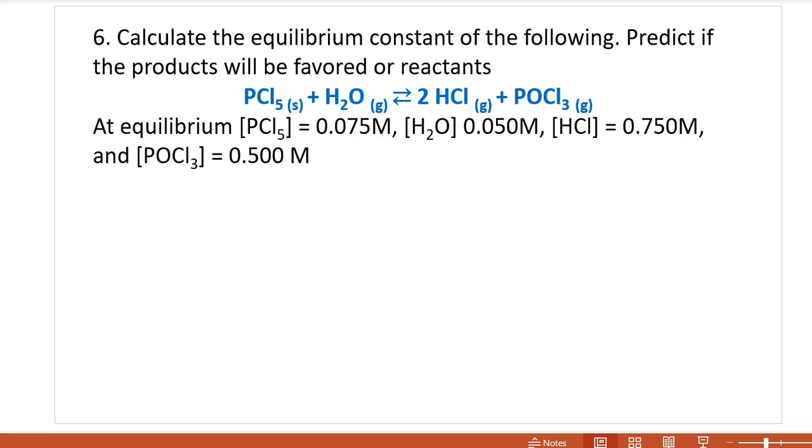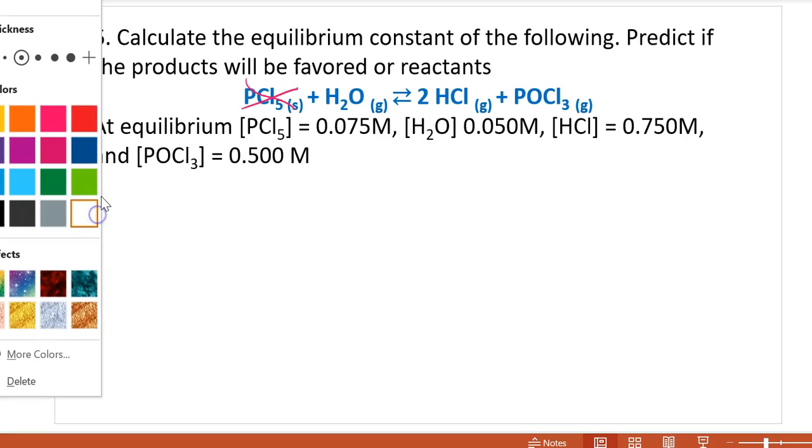All right, number 6. Same type of problem, just another example. Again, the first thing that you want to look at is your states of matter. We always exclude solids and liquids. So first we want to write our KEQ expression.